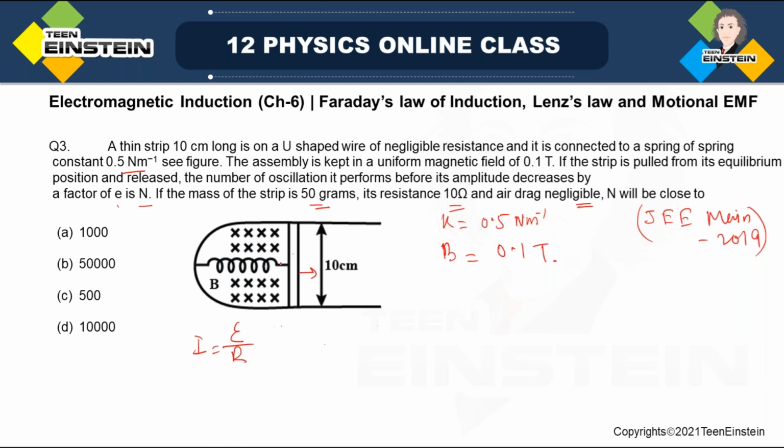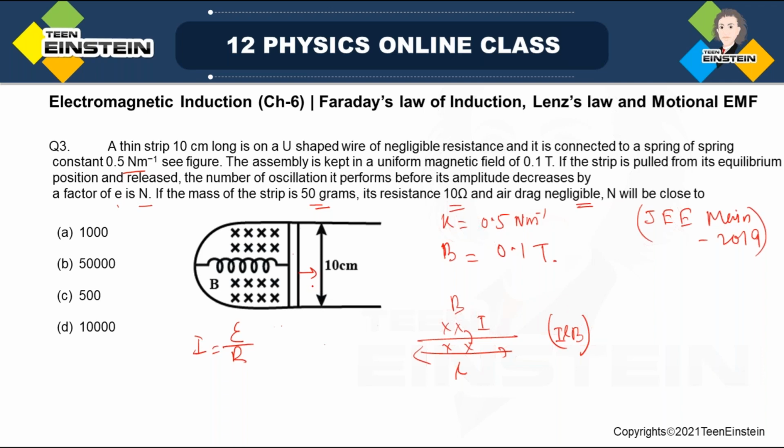When current flows in any rod which is carrying a current I, suppose it has length L, and it is placed in a perpendicular magnetic field B, then this strip will experience a magnetic force which can be written as ILB or IBL, whatever you say.